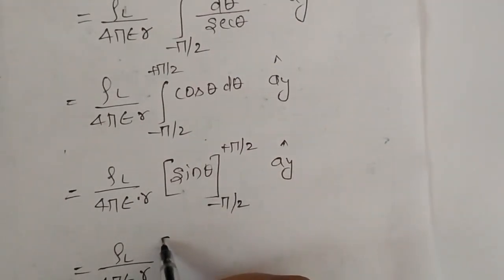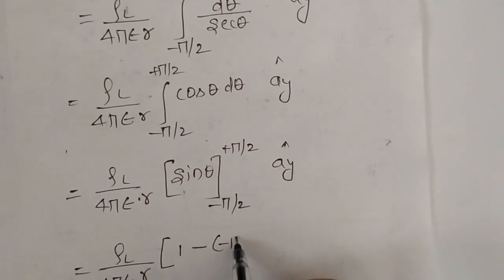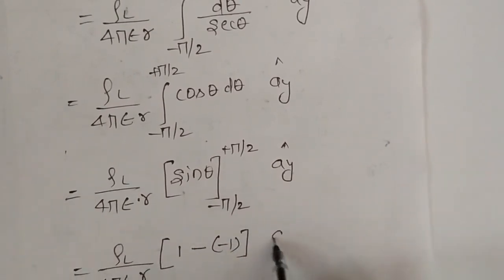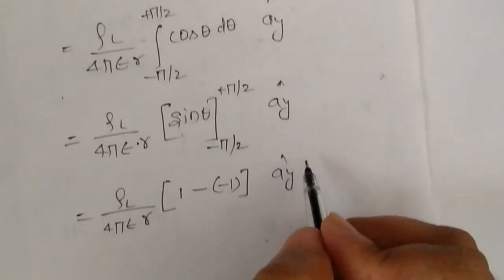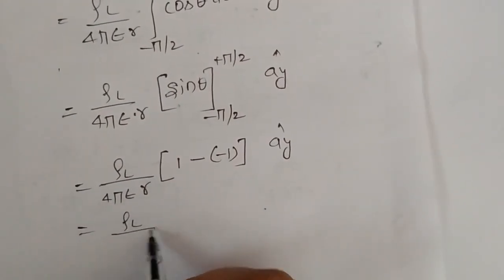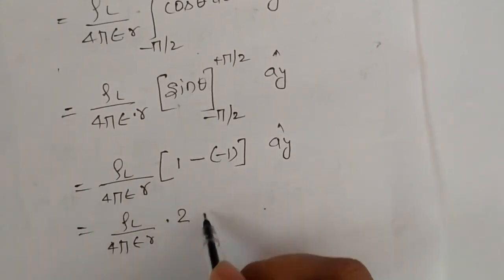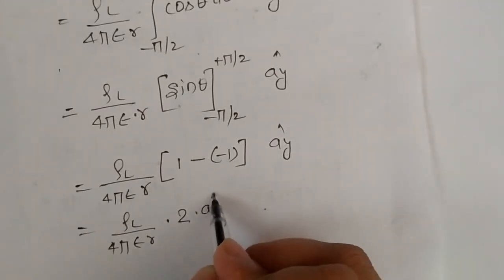As sine of pi by 2 is 1, and minus becomes minus of 1, the whole thing multiplied by a cap. So it is equal to rho L upon 4 pi epsilon r into 2 times into a cap.